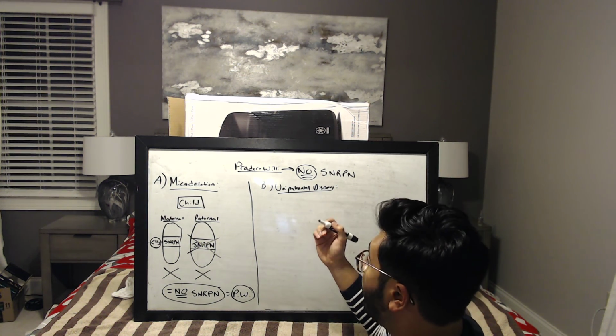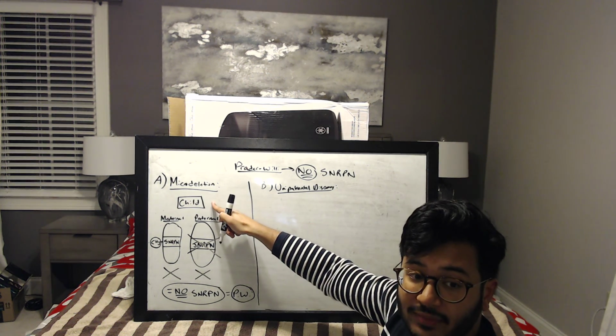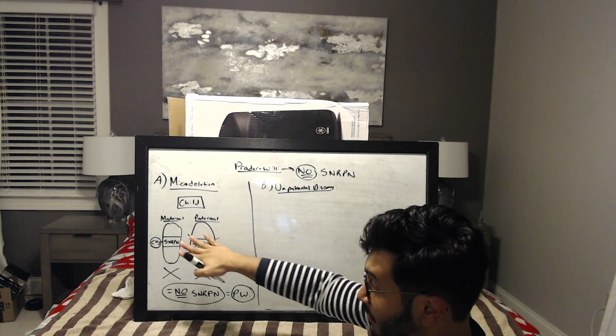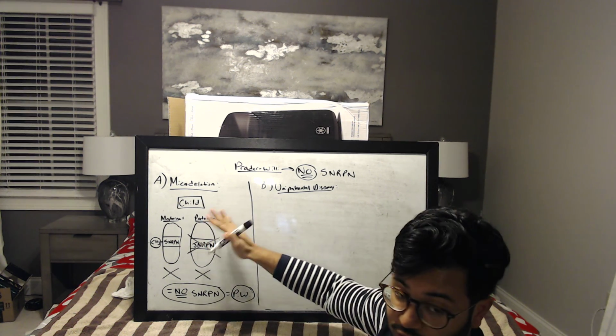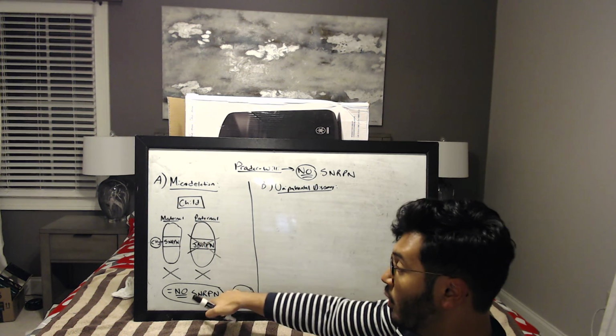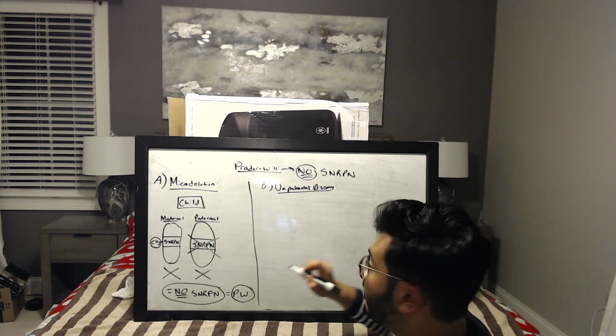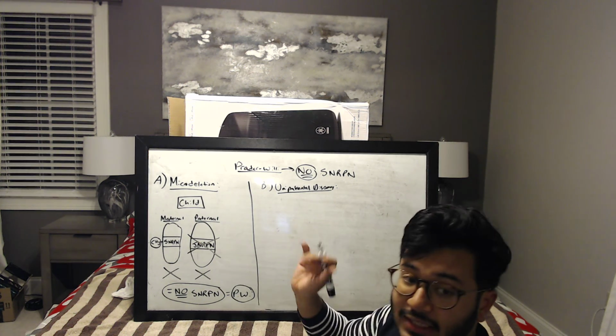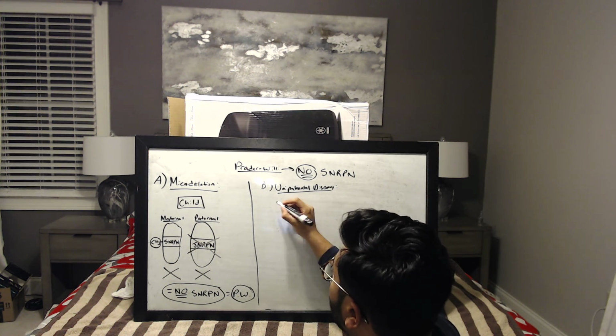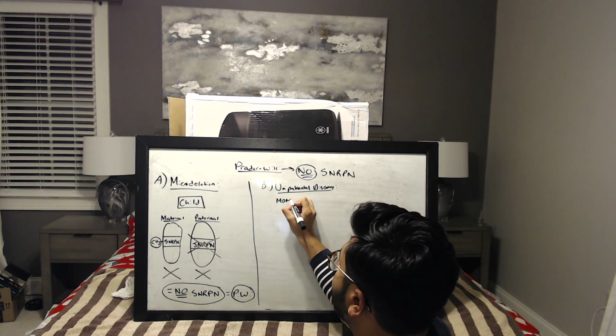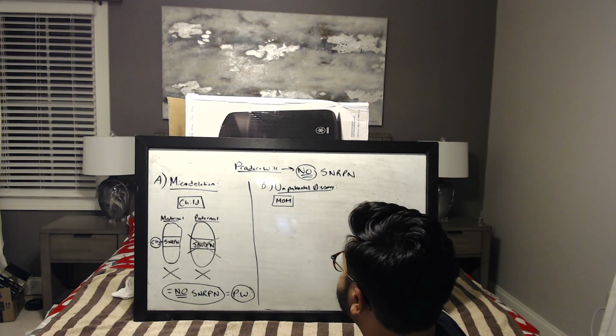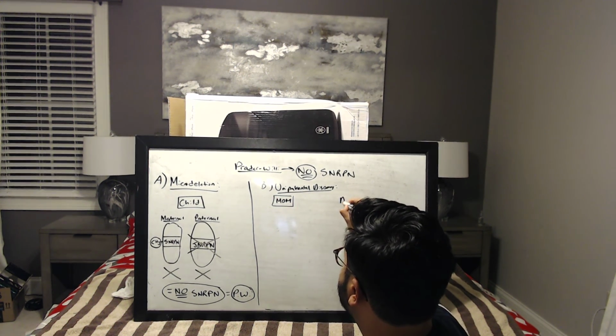Okay, so let's look at this kid. This is the same child, except this time let's just say that this microdeletion didn't happen. We're going to look at the same child with this result, though. So this child has two parents, right? So he's going to have a mom and a dad.